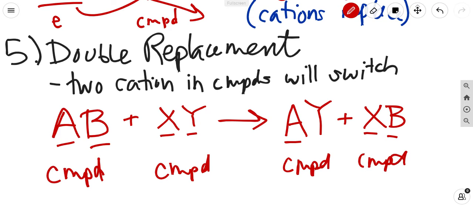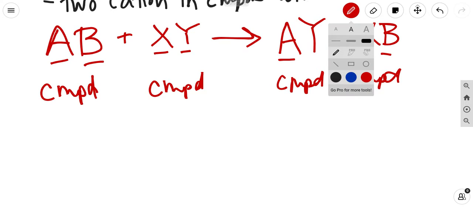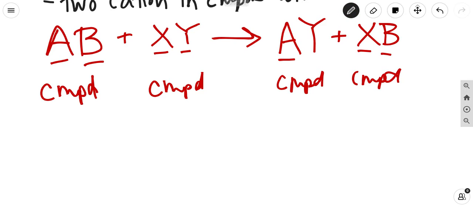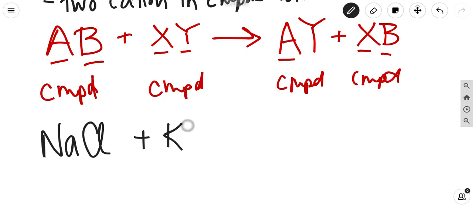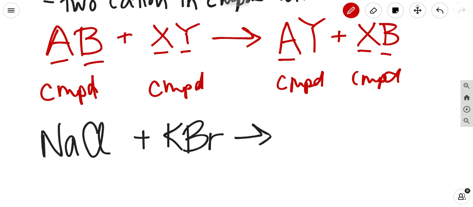All right. So what does this look like in a reaction form? Well, in a reaction form, let's have 1 compound. Let's just keep using salt. And we can use KBr from the last one. All right. So it states that the 2 cations will switch. So this is the first one written. This is the second one written. They're going to switch spots.